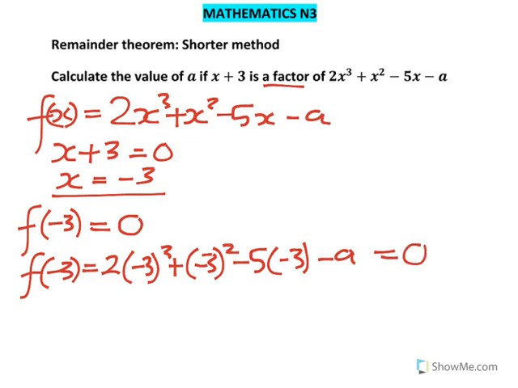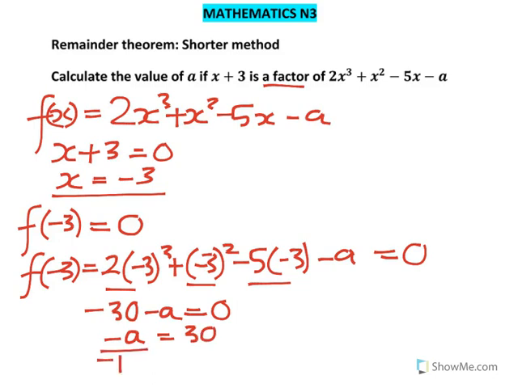If you simplify all the numbers and you add with a calculator, I'm not going to go stage by stage, but if you add that and that and that, you are going to have minus 30 minus a is equal to 0. Now, if you take 30 to the other side, we are going to get minus a is equal to positive 30. You divide both sides by a negative 1. Remember, you're solving for a. Therefore, a is equal to negative 30. That's how you solve that one.